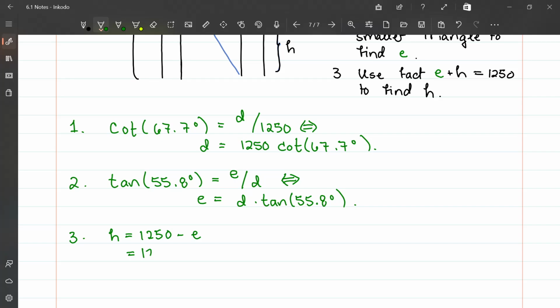Well, if we go back to the previous step, that means 1250 minus D times tangent of 55.8 degrees. When we calculated D, we found that D was equal to, and I'll put this in parentheses, 1250 times cotangent of 67.7 degrees.